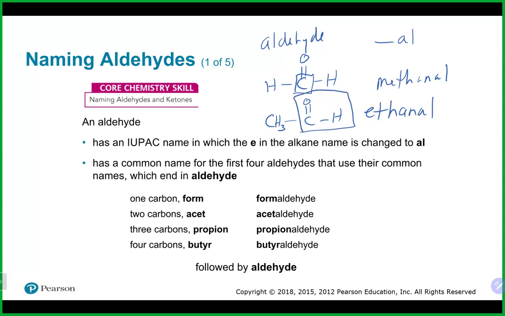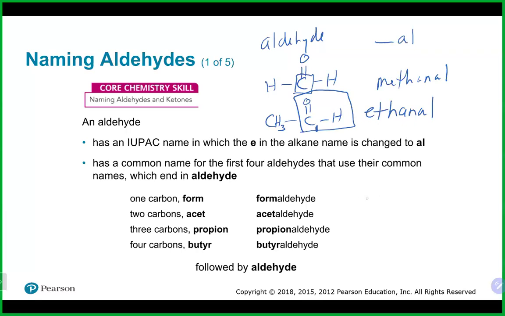Although we do not need to give the location of where the carbon-oxygen double bond is located, and that's because it always has to be at the end. That also means that the carbon-oxygen double bond should be carbon number 1. Whichever side it's at, that should always be carbon number 1. And that's important for other groups that may be attached. So if you have to number it, you want to start numbering that way. And if there are other groups there, then like normal, you would give the number where those groups are located in alphabetical order.